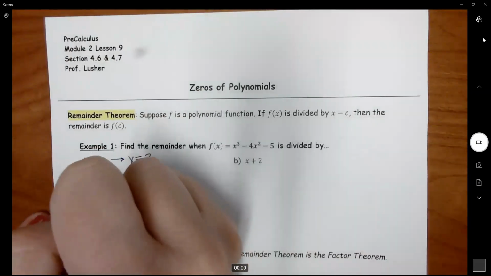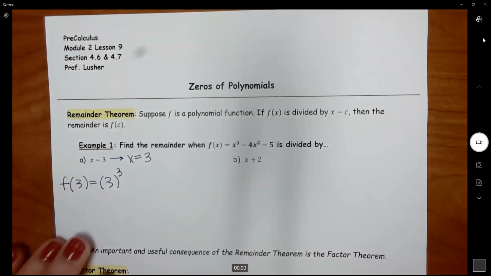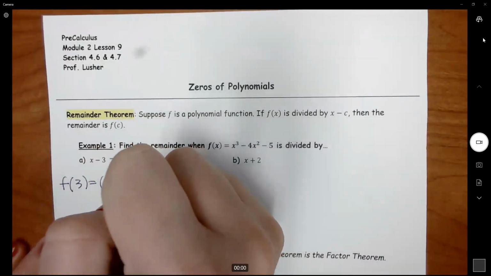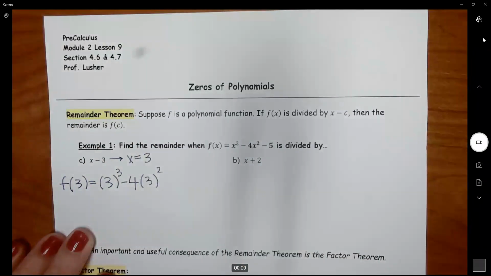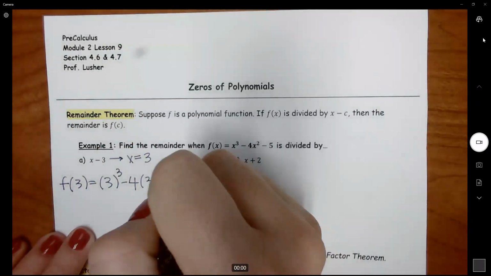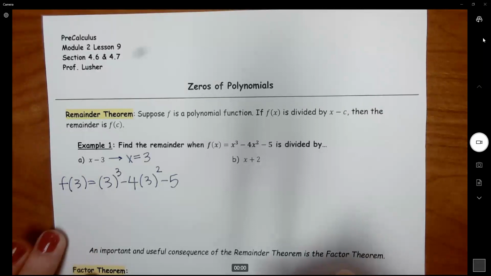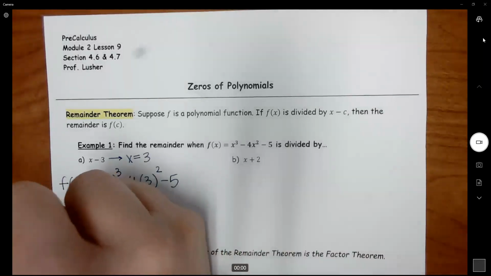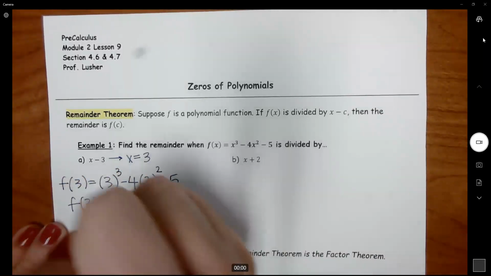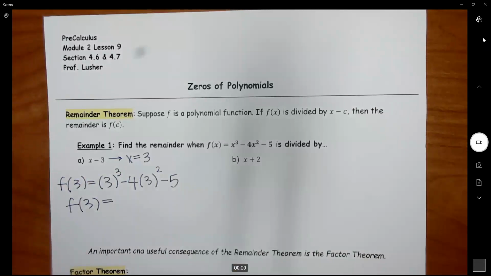So we got 3 cubed minus 3 squared minus 5. So f of 3 equals, let's plug this into our calculator.